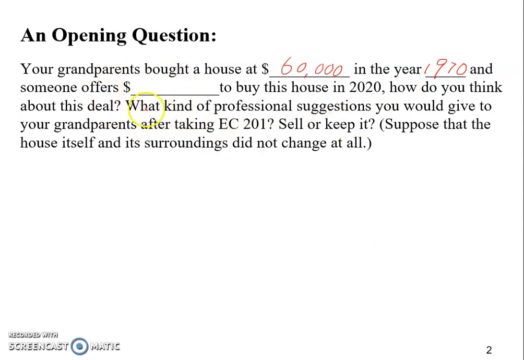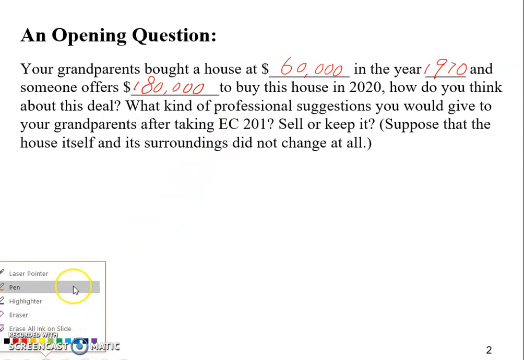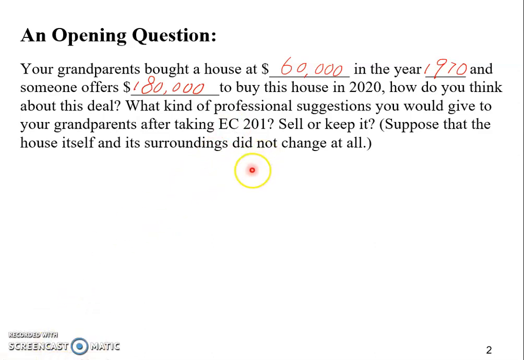And if today someone comes to their door and offers, let's see, how about $180,000 to buy the house, how would you think about this deal? What kind of professional suggestion would you give to your grandparents after taking this course? They should sell it or keep it.